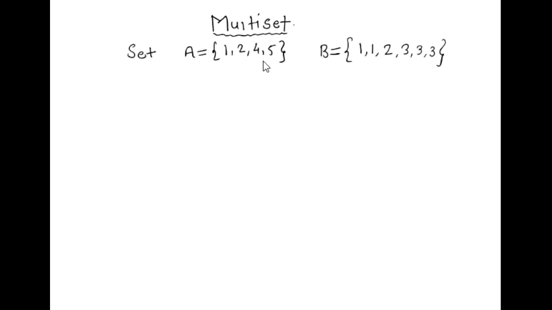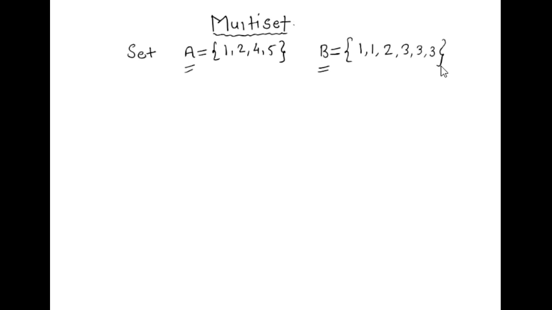So here we can see there are multiple instances of the same object, like 1 has repeated twice, 3 has repeated thrice. So multiset allows multiple instances of the same object, or we can say a number or element can repeat in the multiset. So set B is a multiset, whereas set A is simply set.